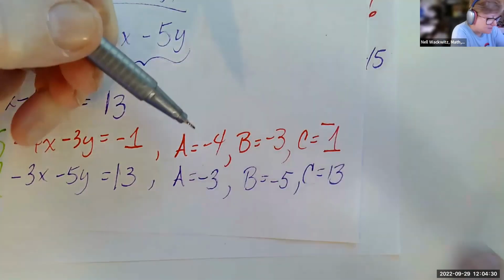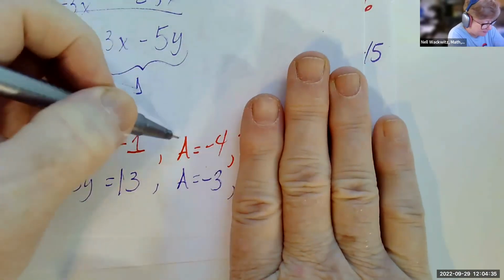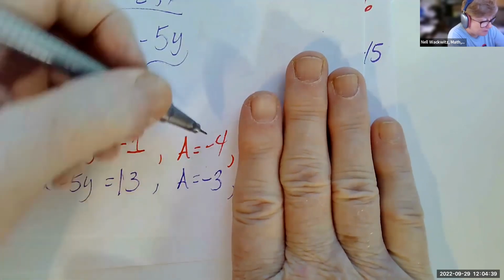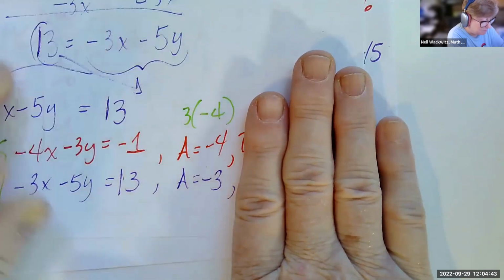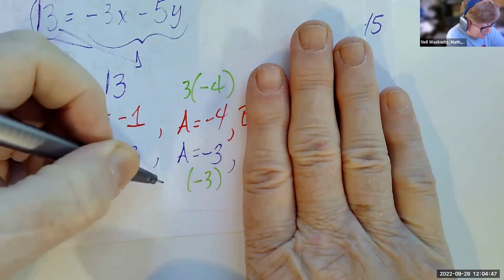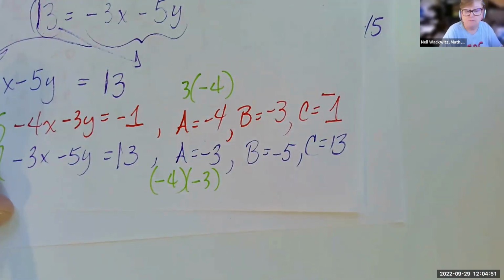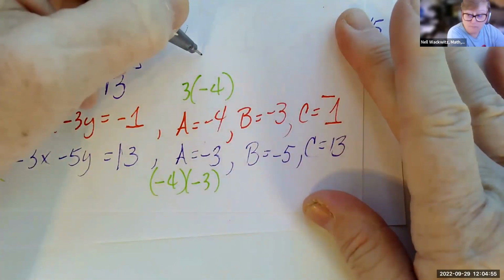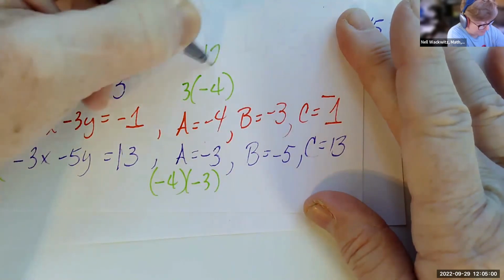If I just look at the A's, can I multiply +3 and -3 by 4? 3 times -4? -12.